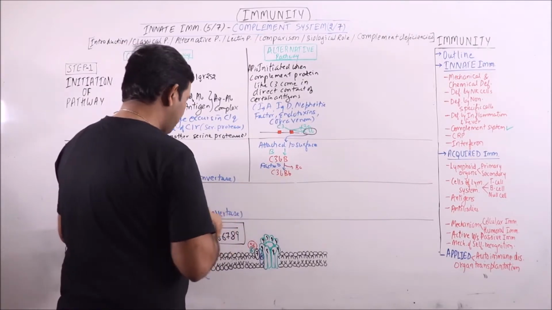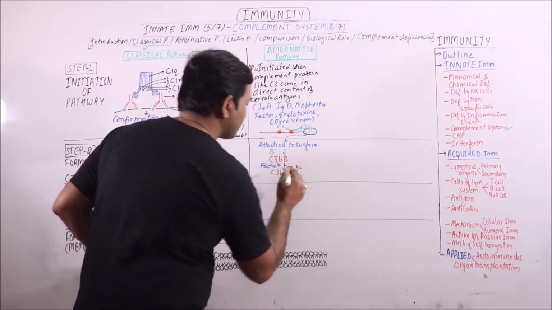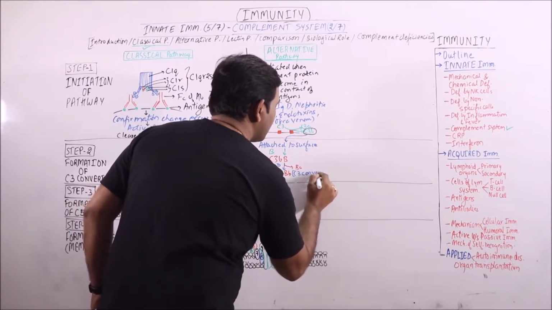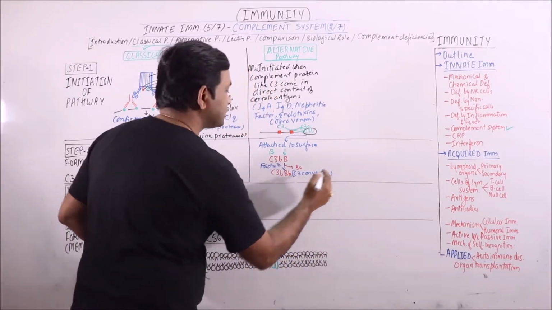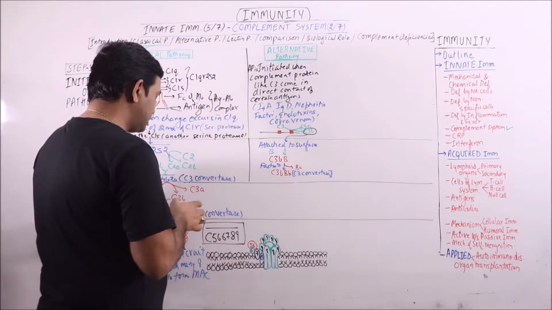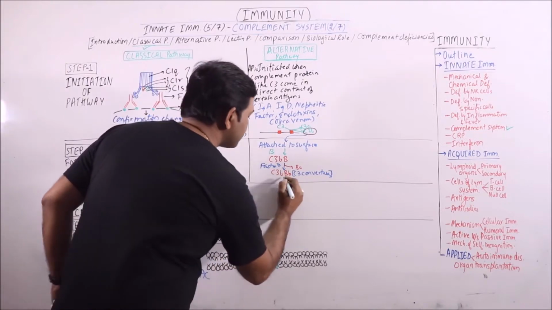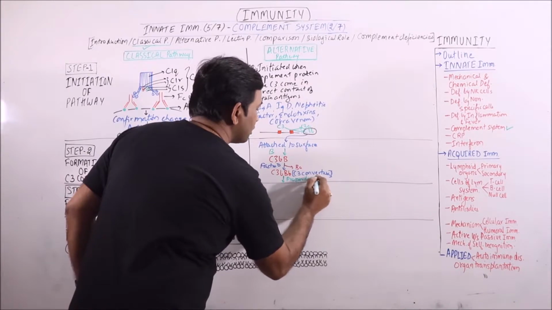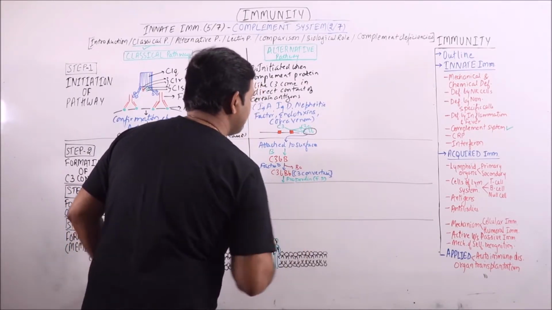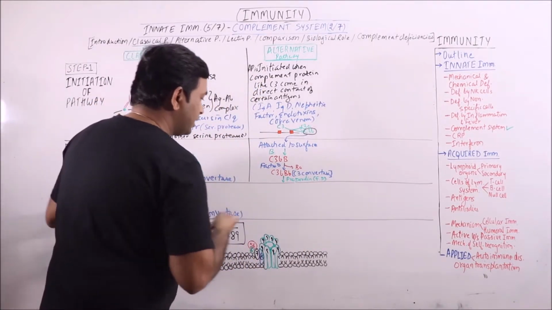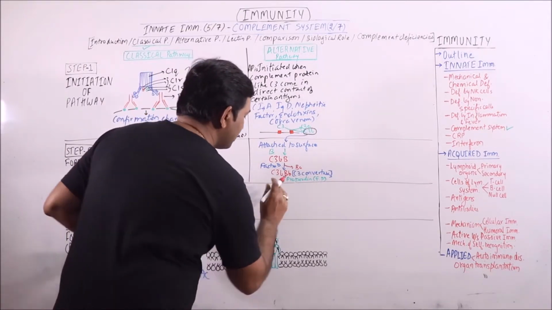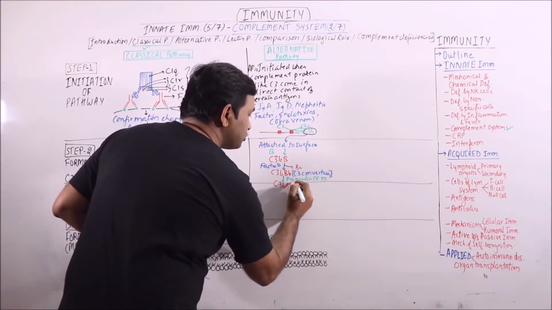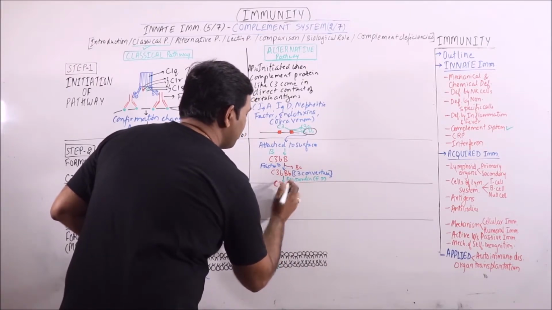This is an unstable complex. It is C3 convertase. This complex is C3 convertase, but it is an unstable complex. So in presence of properdin, which is also known as factor P, it becomes the C3B capital B small b capital P complex.